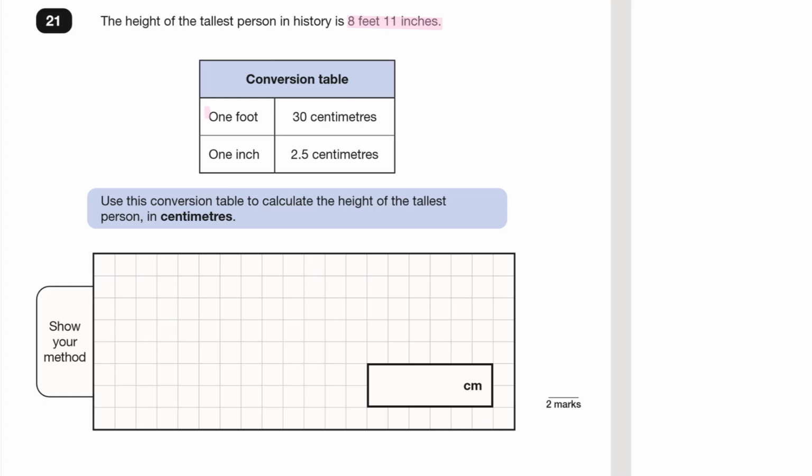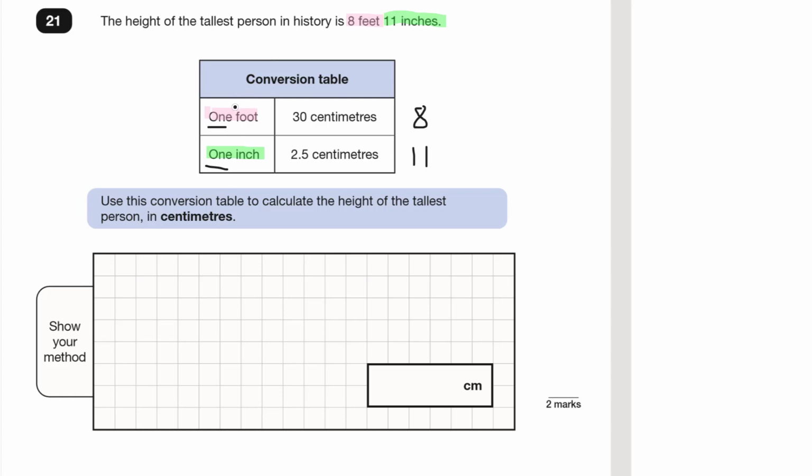I'm going to highlight the feet differently to the inches, just so you can see what I'm doing. I'm going to write 8 next to the feet, and 11 next to the inches. This is telling us what 1 foot and 1 inch is.